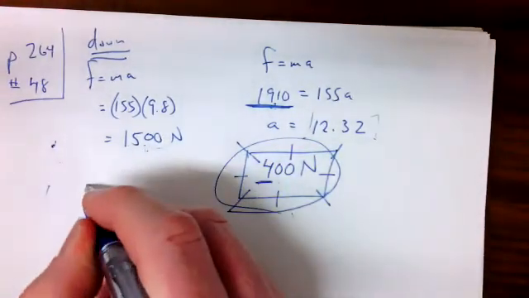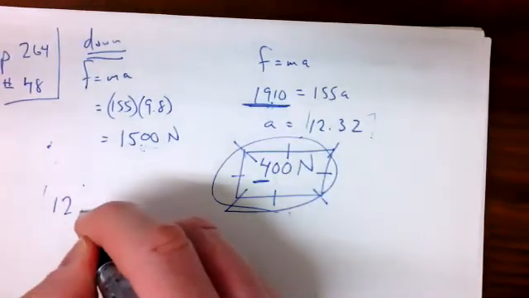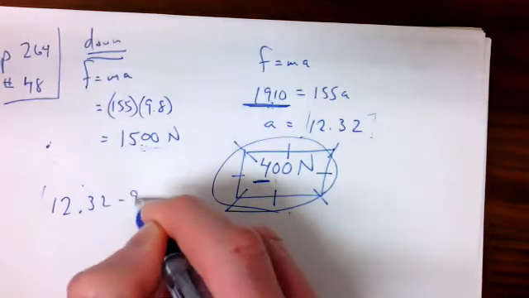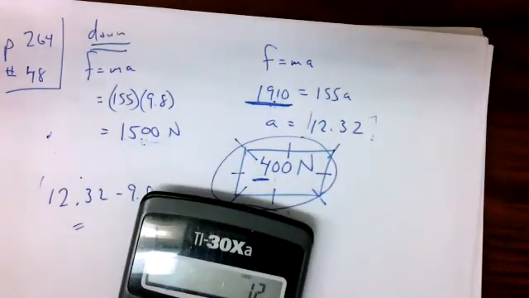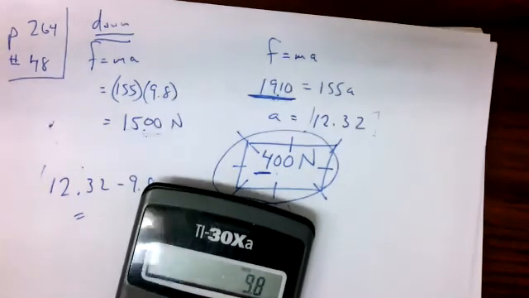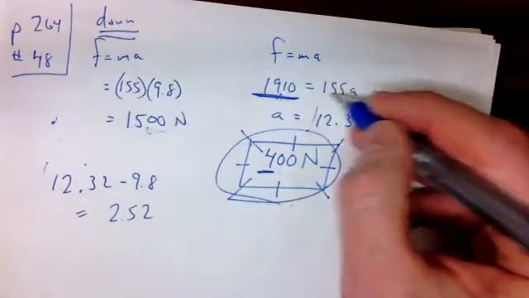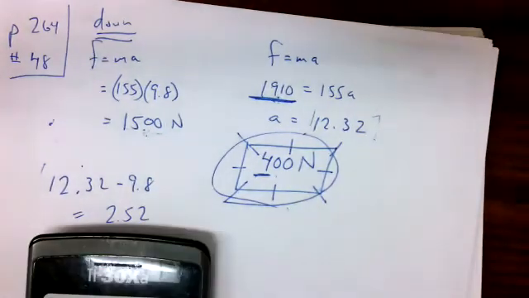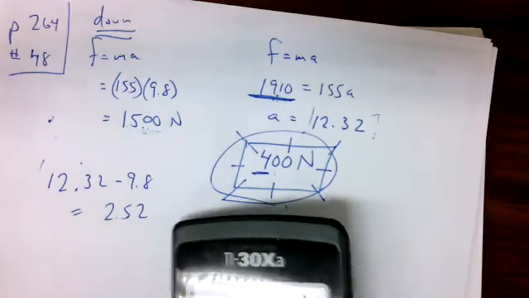One way you could say, if we find the difference in the acceleration, so 12.32 minus 9.8 is 2.52, and then 155 times 2.52, see, it's still 400.